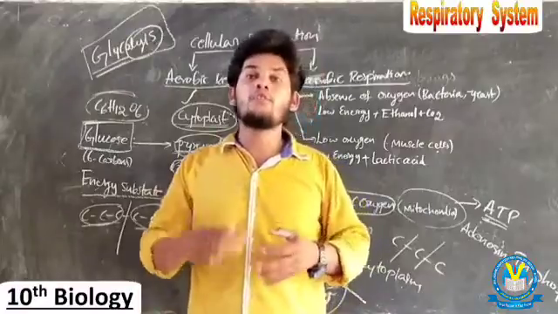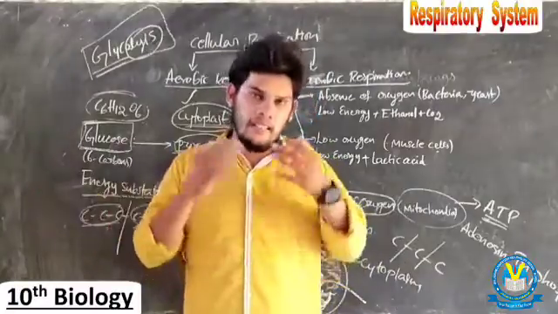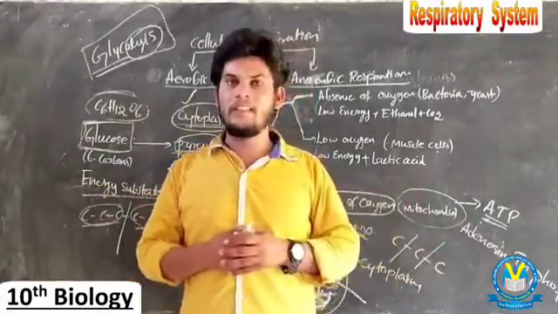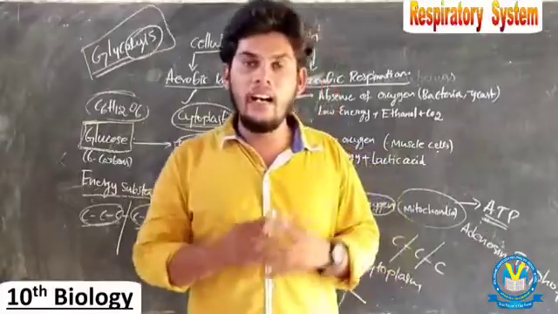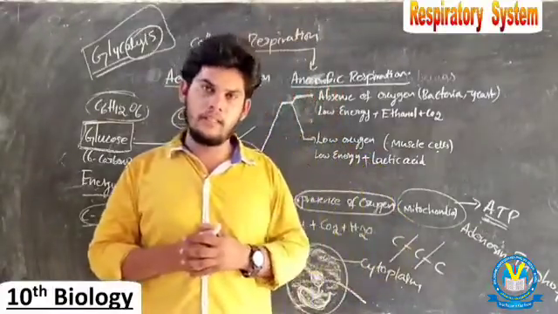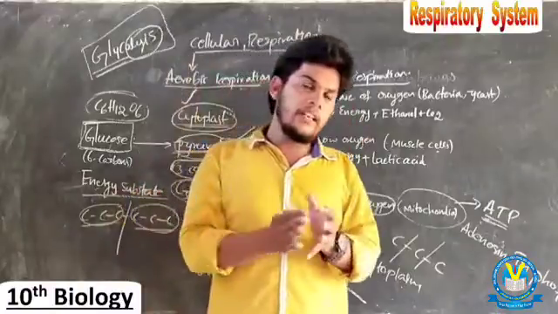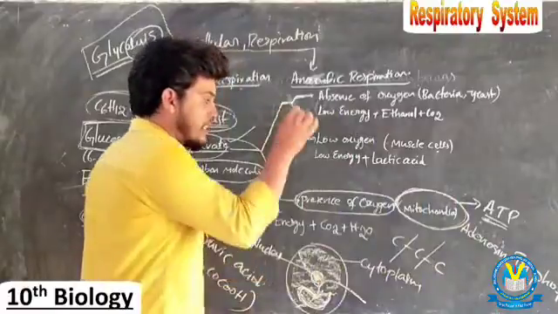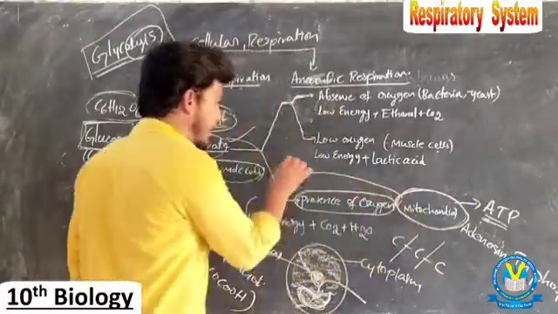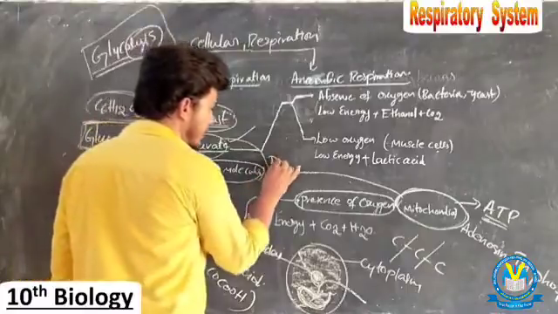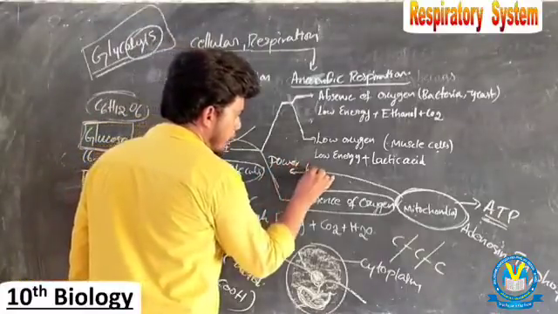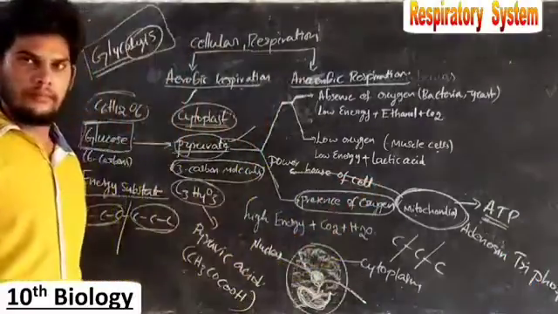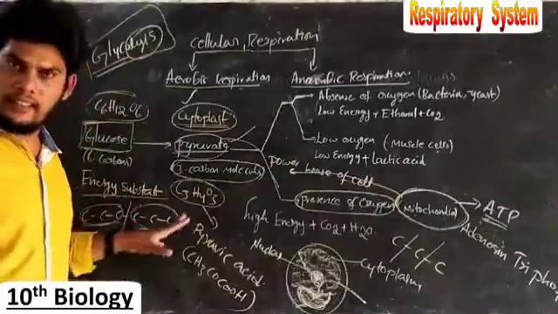When we require money to buy something, we use money. Same way, when we require energy to do some work, we use ATP. These ATPs are stored in the mitochondria, so that's why the mitochondria is called the powerhouse of the cell. Are you clear?